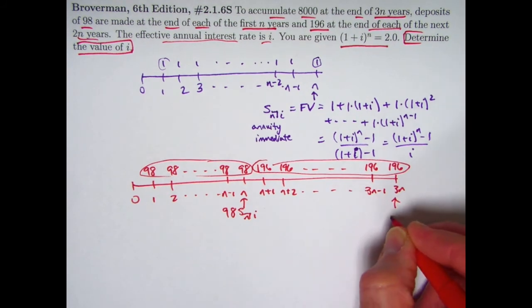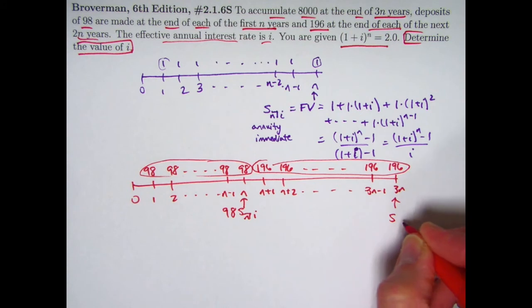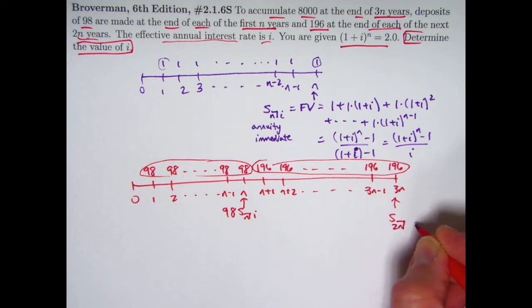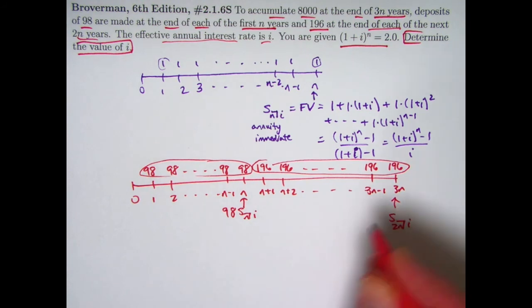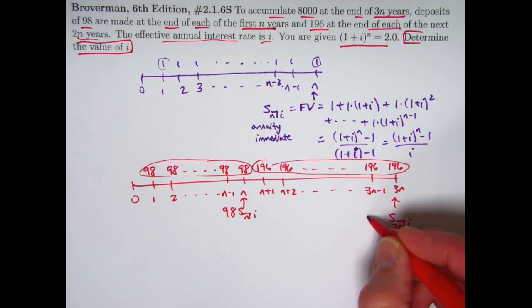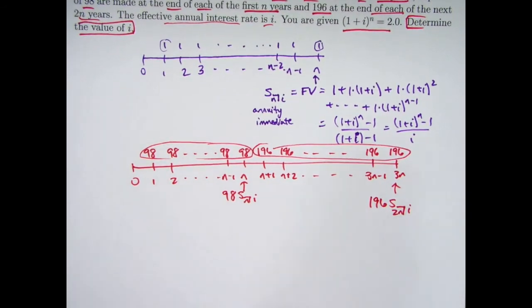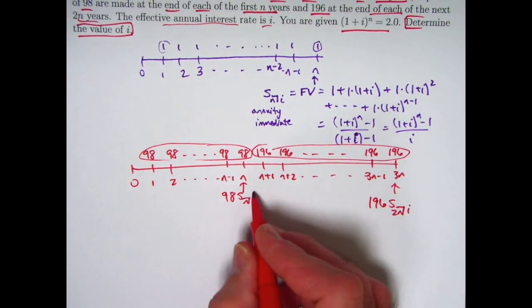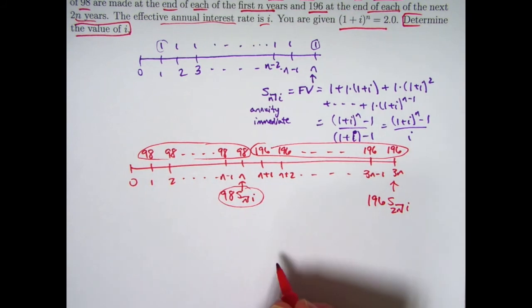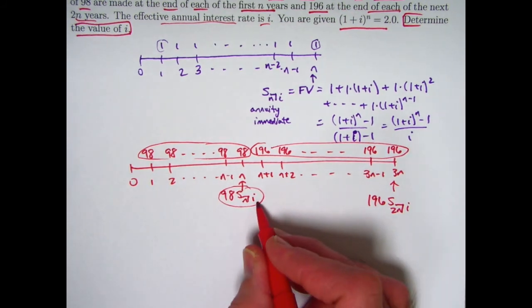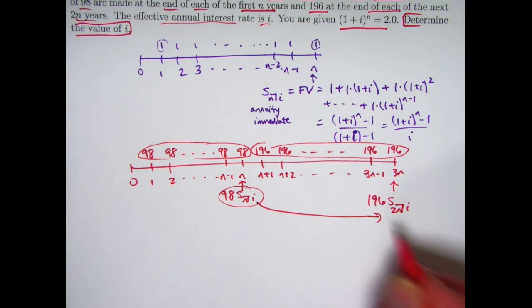What about the payments of 196 at time 3n? Well, again, if those were payments of 1, the symbol would be s. There's 2n payments, so I'd put a 2n here, and again, the interest rate is i. But they are payments of 196, so I'll put 196 in front of that and multiply those. Also, this value of the payments of 98, in the end, to time 3n is going to get pushed forward in time by 2n years.